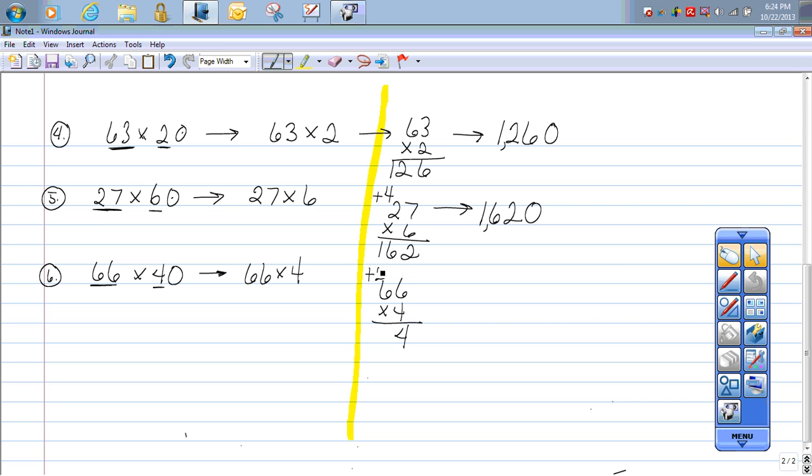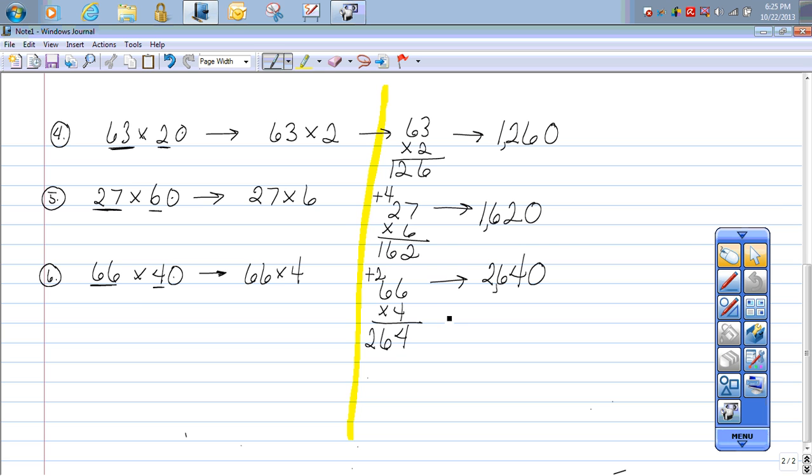I carry my tens value of 2. 4 times 6 is 24, plus 2 is 26. That's going to be my answer with the 0 placed back on the end, since we took it out to make this easier. And my answer is 2,640.